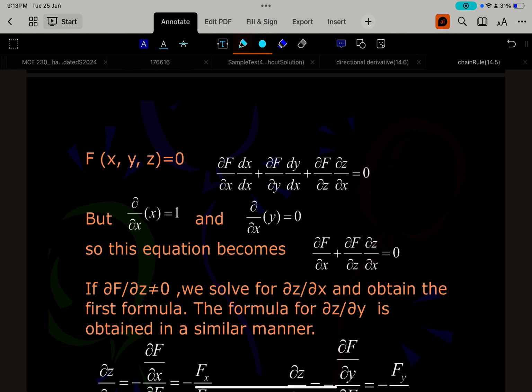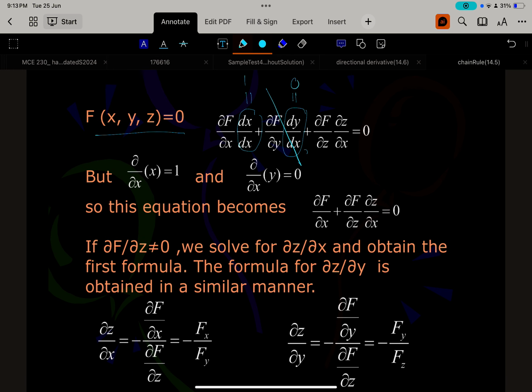So let's say we have f of x, y, z. We have three variables. Now we're going to use the chain rule. If we say that the partial derivative of x with respect to x equals 1 and the partial derivative of y with respect to x equals 0, so this term goes away, we're going to have a similar formula.